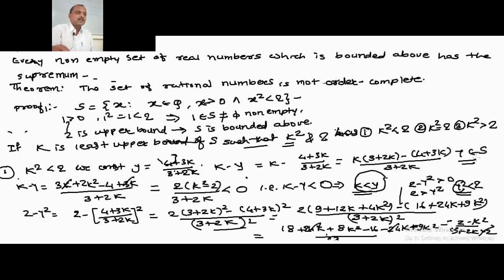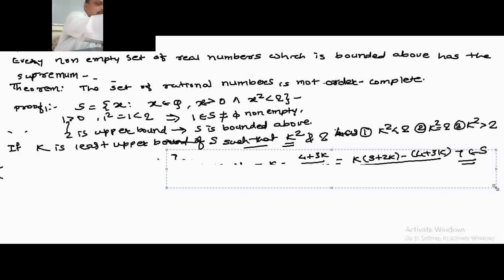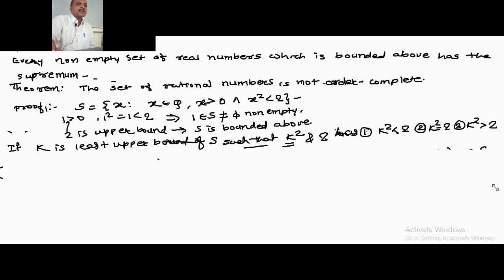Now we show that the other two are also false possibilities. Let me erase this first. The second possibility we have taken is k square equal to 2, but you know that there is no number whose square is 2. In our last video on the number system, we proved that root 2 is not a rational number.